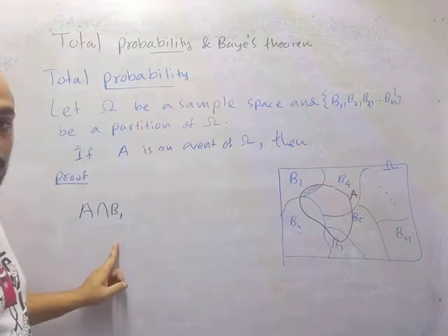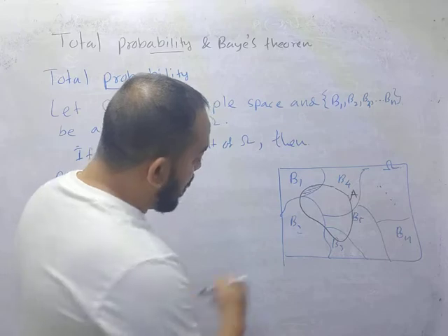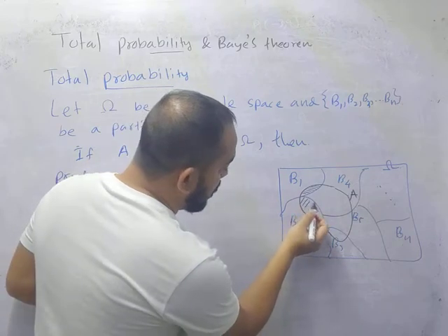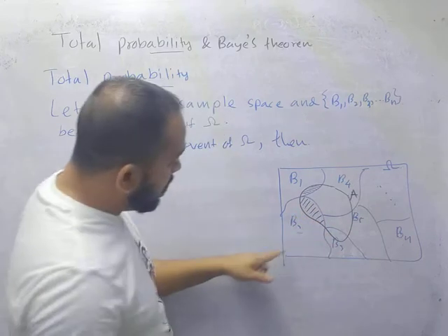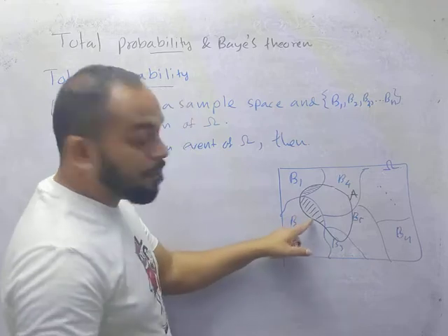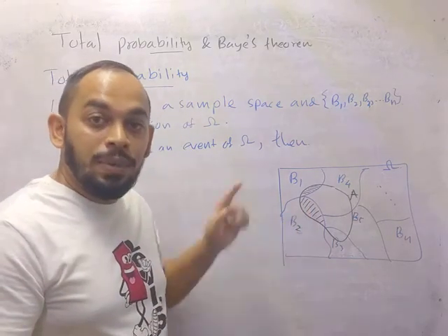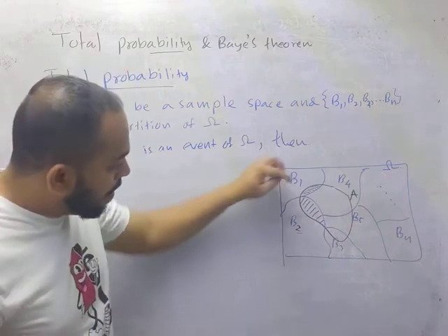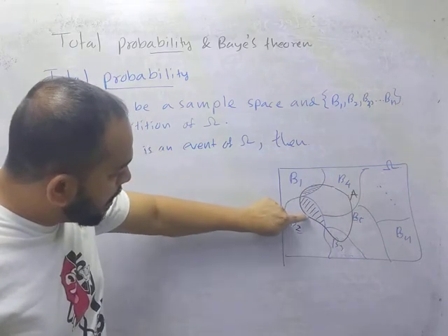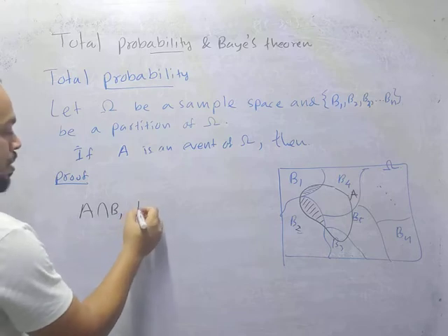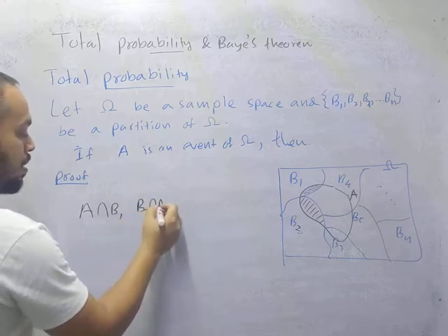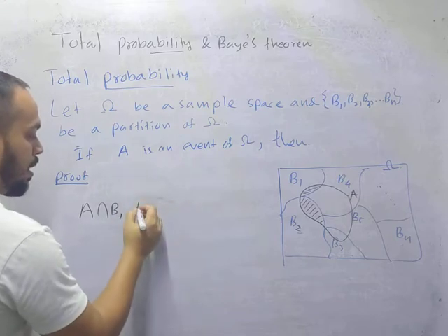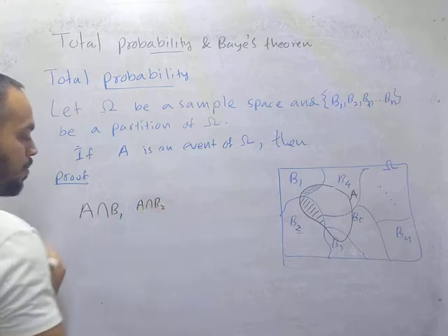Next, what about this part? This was a part of B earlier, now it belongs to A. The main set here is B2 intersection A, so let me call it A intersection B2.